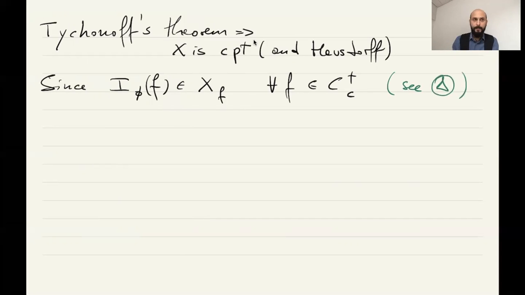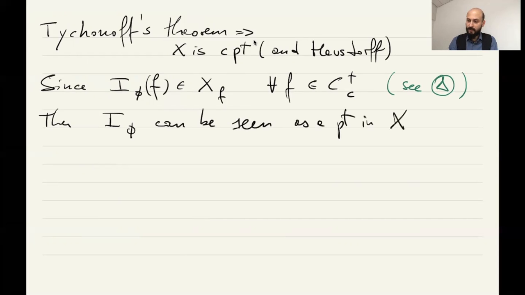Okay. Now, for any phi, I_phi can be seen as a point in the space X, this infinite product.